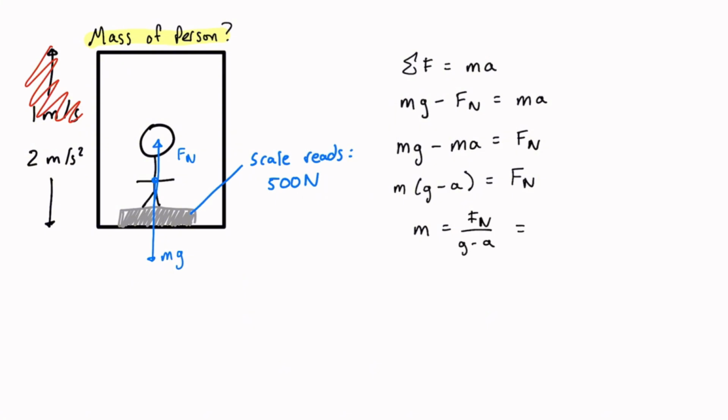Let's plug in. The scale reading is equal to Fn, so Fn is 500 over 9.8 minus 2 meters per second squared. And this is equal to 64.1 kilograms. Perfect.